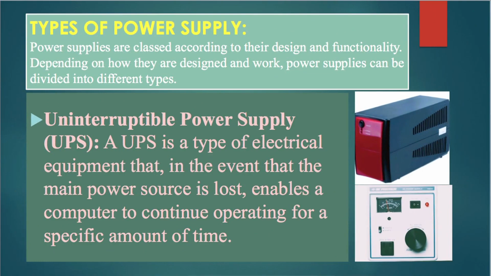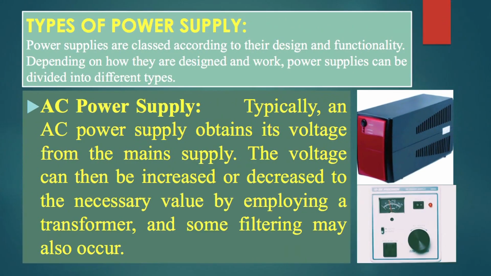Next, uninterruptible power supplies, that is UPS. A UPS is a type of electrical equipment that, in the event that the main power source is lost, enables a computer to continue operating for a specific amount of time. Next, coming to AC power supply.